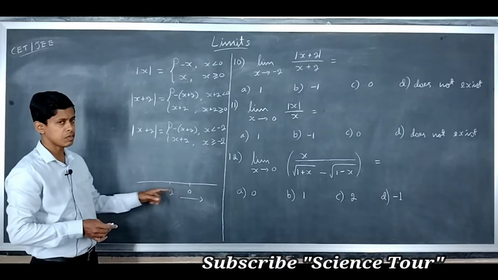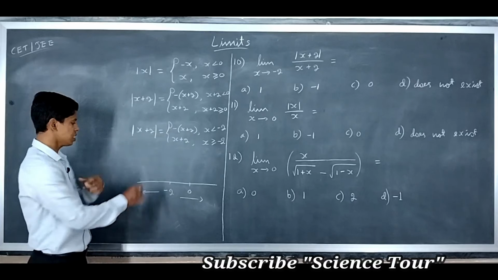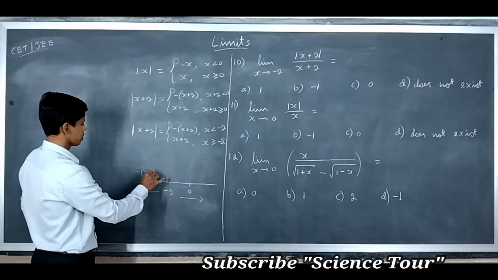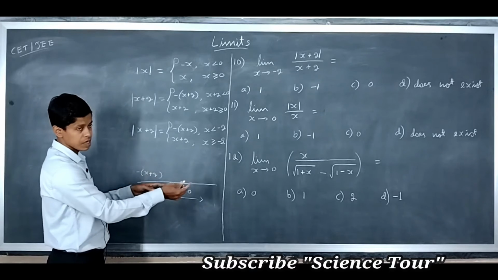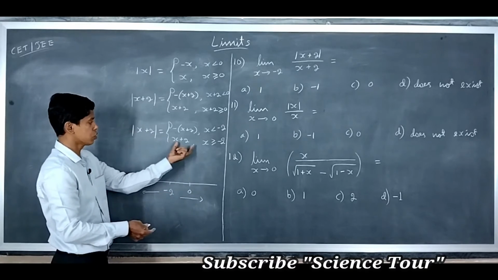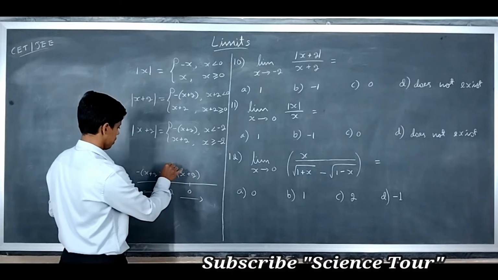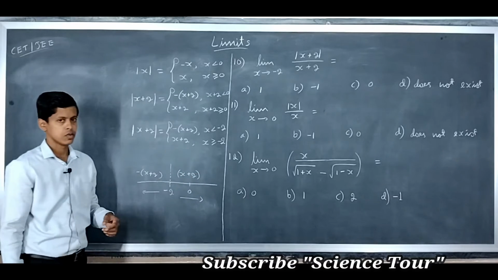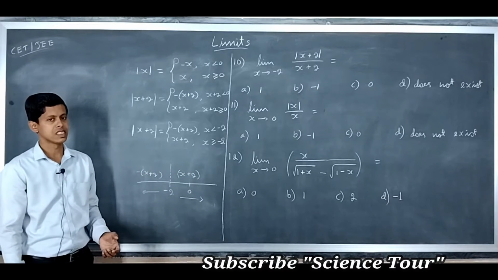When x is less than minus 2, modulus of x plus 2 is minus of (x plus 2), and if x is greater than minus 2, modulus of x plus 2 is x plus 2 itself. So that is the point where we have two different branches separated.